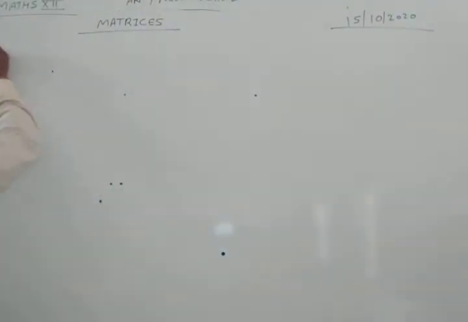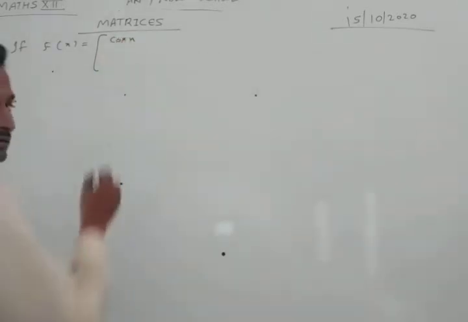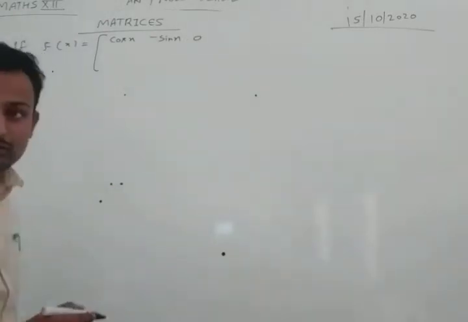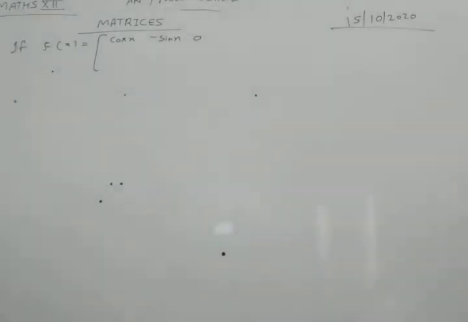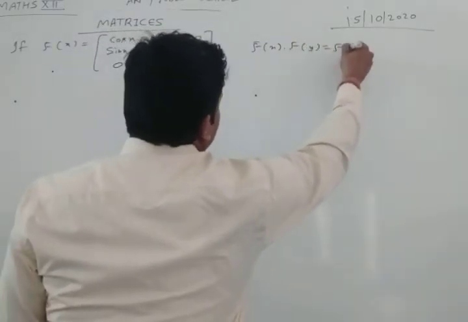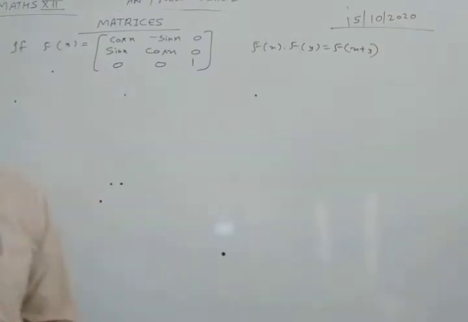If f(x) is equal to the matrix [cos x, minus sin x, 0; sin x, cos x, 0; 0, 0, 1], then prove that f(x) into f(y) is equal to f(x plus y).